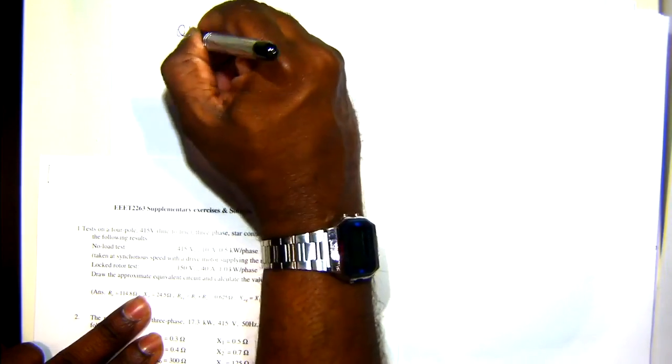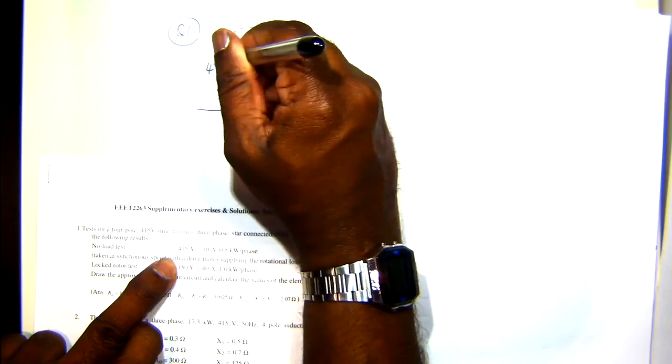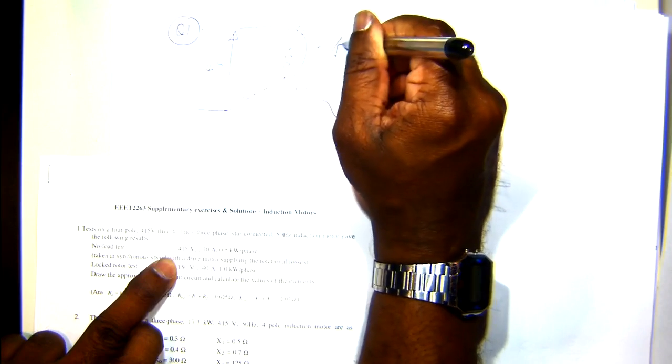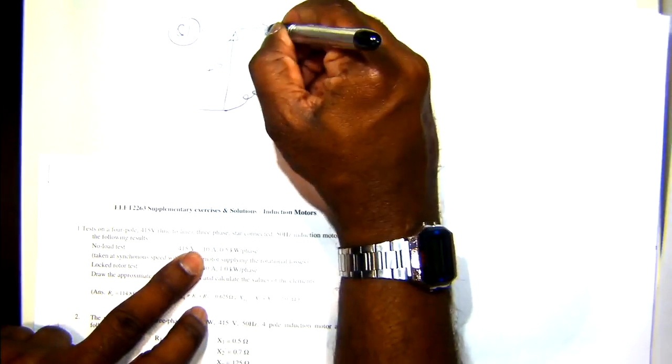This is question 1. If you look at the lock rotor test, we are feeding in 415 volts. That's the line voltage, and the per phase voltage is 415 over root 3. And the line current is given as 10 amperes.